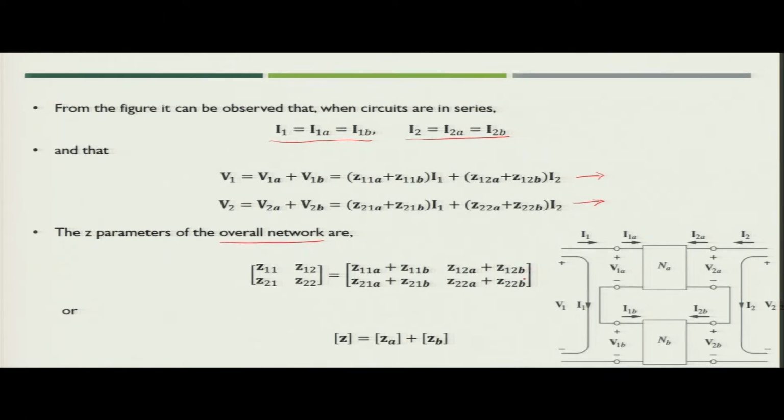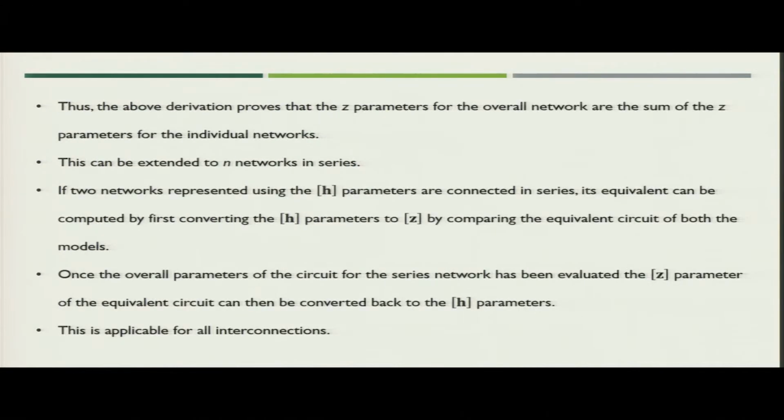So what we can write? In short, the Z parameter matrix of the overall network is the summation of the individual Z parameter matrices of network A and B. So with this we can say that the Z parameters of the overall network are the sum of the Z parameters of the individual networks.